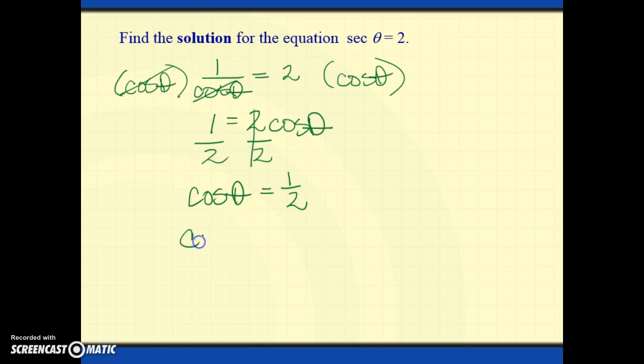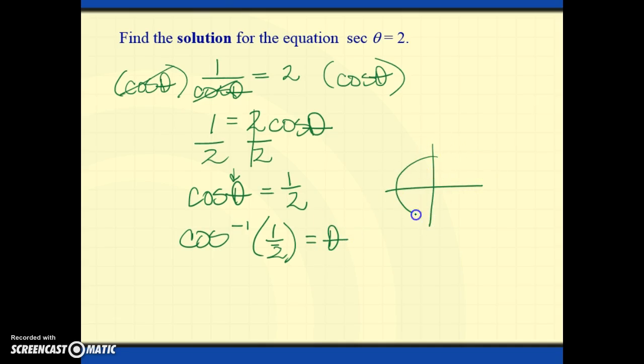Again, I don't really take the step of writing the inverse. It's much easier for me to ask myself for what angle measure is cosine positive 1/2. I go back to the unit circle, and for positive 1/2 I'm going to have to stay on the right side of the y-axis.